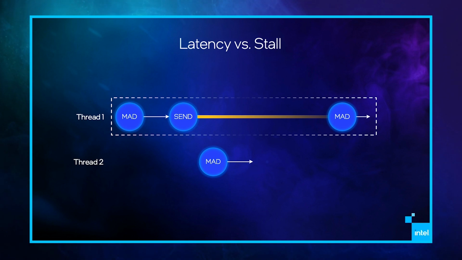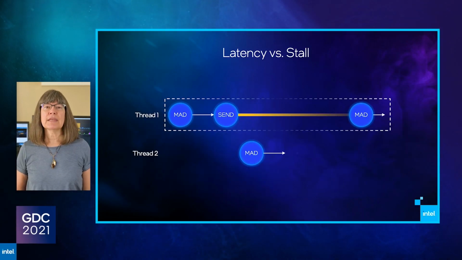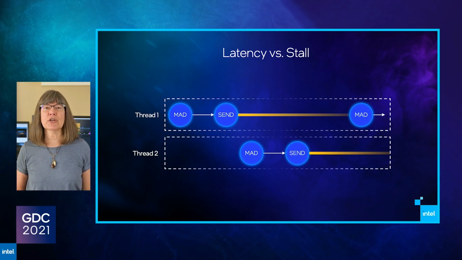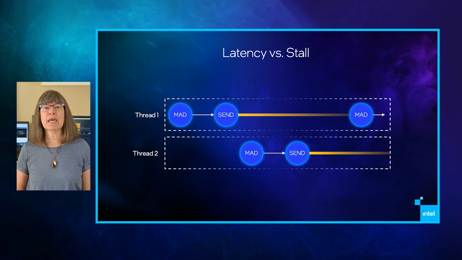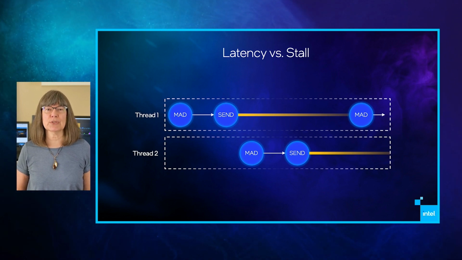It will switch between loaded threads in round-robin fashion until it finds an instruction for which execution is not blocked by some dependency. Let's go back to the example. Eventually, our second thread can also hit a send instruction and will need to wait for its result. If there are no other loaded threads, then the EU will wait for either thread 1 or thread 2 to be unblocked to continue execution.